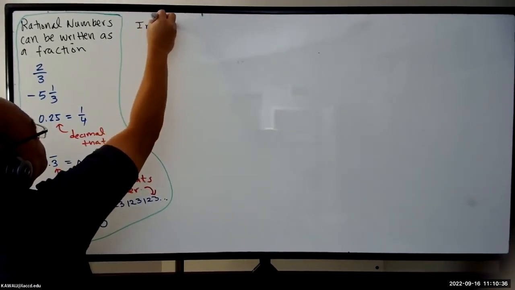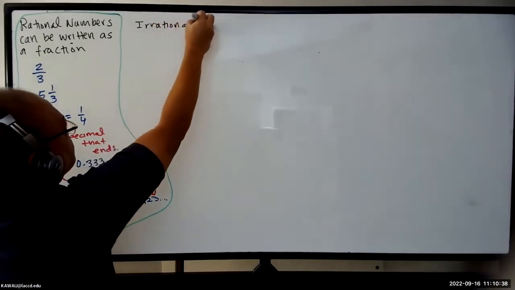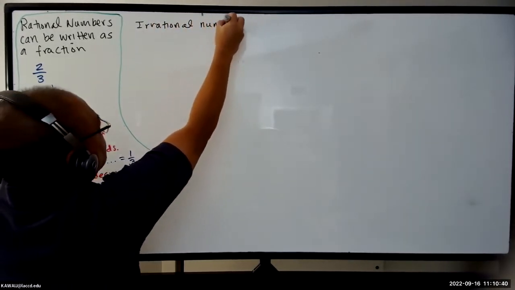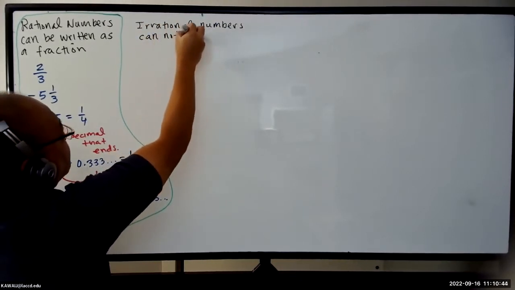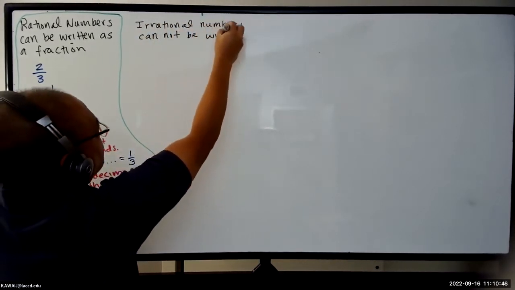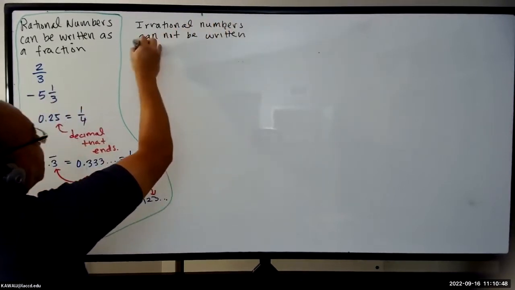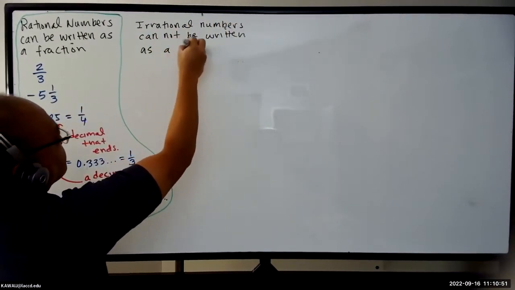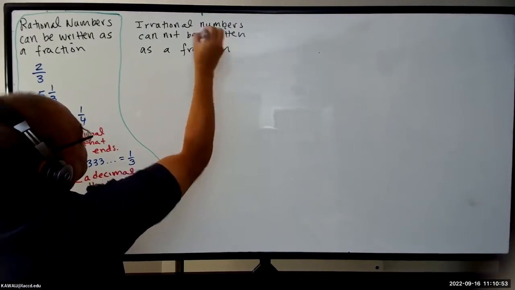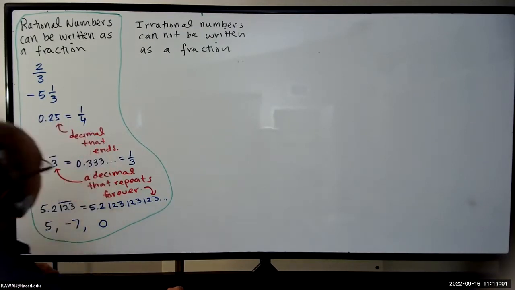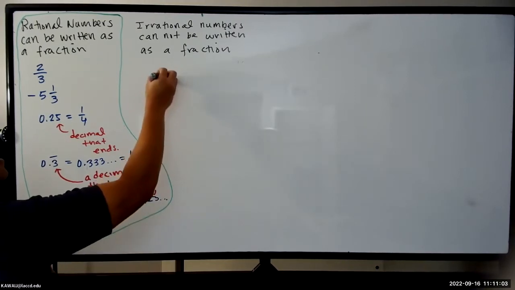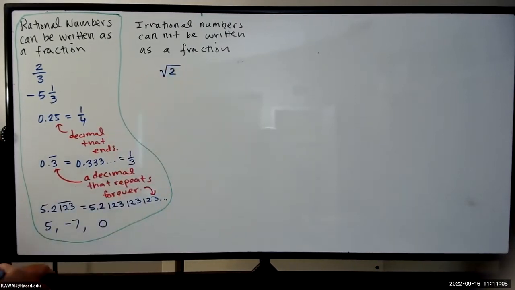Irrational numbers cannot be written as a fraction. So what are those numbers? There are numbers that look like a square root that cannot be resolved.